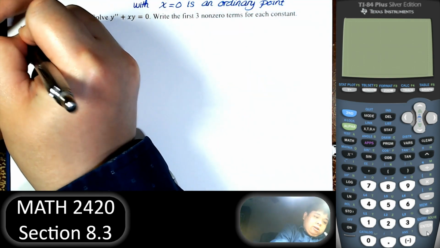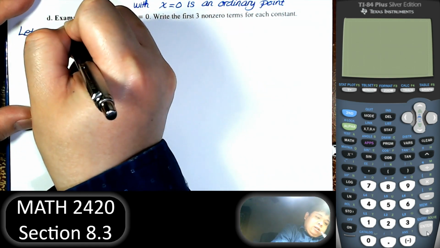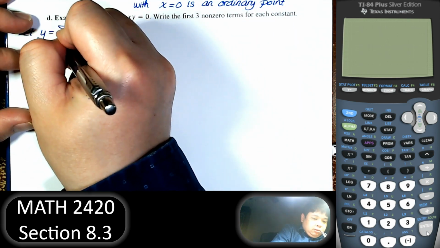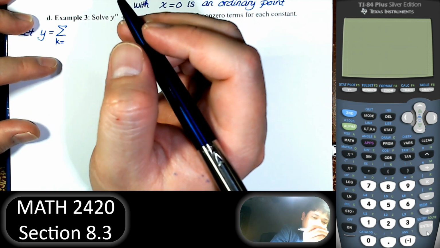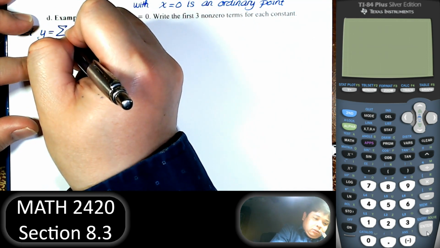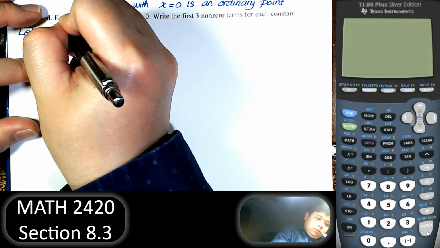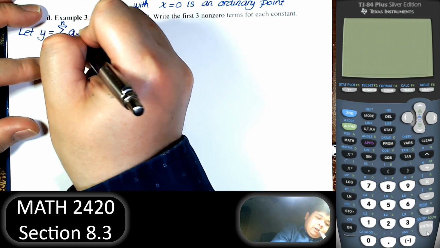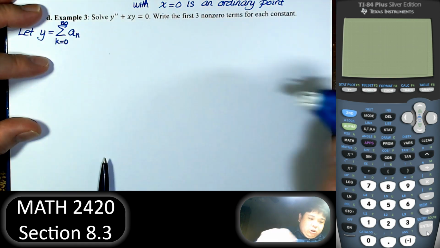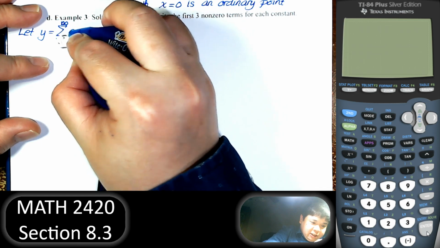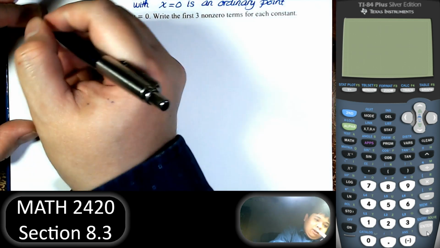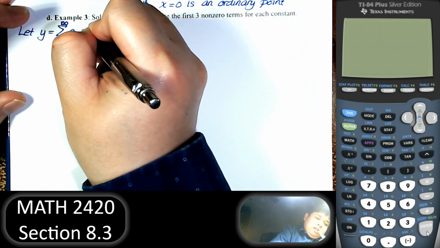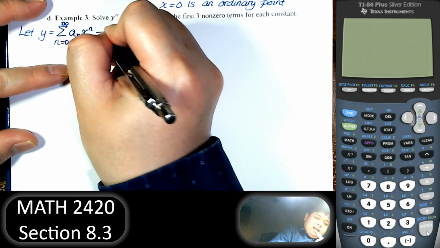Right, so let y be the series a sub n. Sorry, originally we use n, or we can use a sub n or c of n, it doesn't matter. x to the n, then take the derivative.